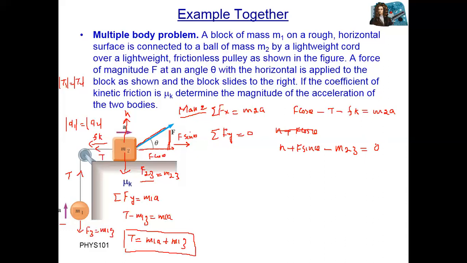So from this equation, can we write N is equal to m2g minus F sine theta? That is the normal force equation. We want to find the acceleration, and in the same way you can find the tension force.